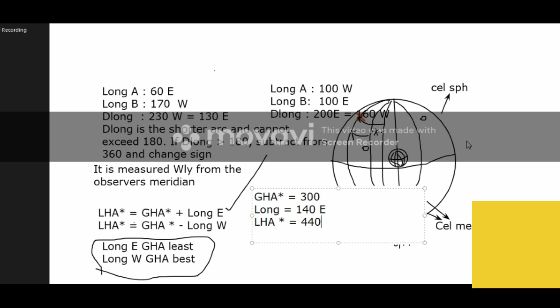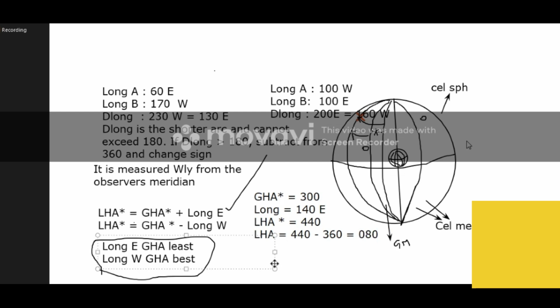It is a circular measure, nothing can exceed 360, so you subtract 440 minus 360, which is 80. That will be your LHA. When it is greater than 360, you subtract 360. When you are subtracting greater from smaller, you add 360 to the smaller. When D long becomes more than 180, subtract from 360 and change the sign. These are the small things that you must remember.